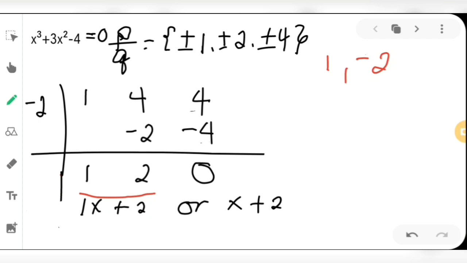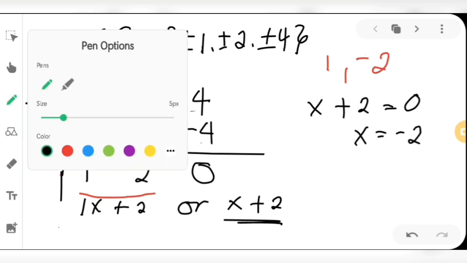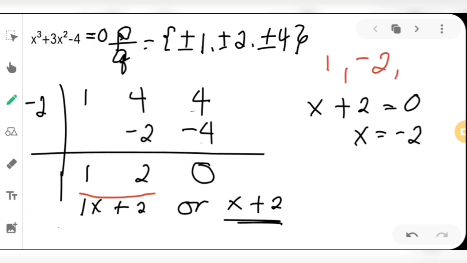Now we can solve for the last root using this binomial. So we have x plus 2 is equal to 0. So x is equal to, transposing 2 to the other side, negative 2. So we have another negative 2.